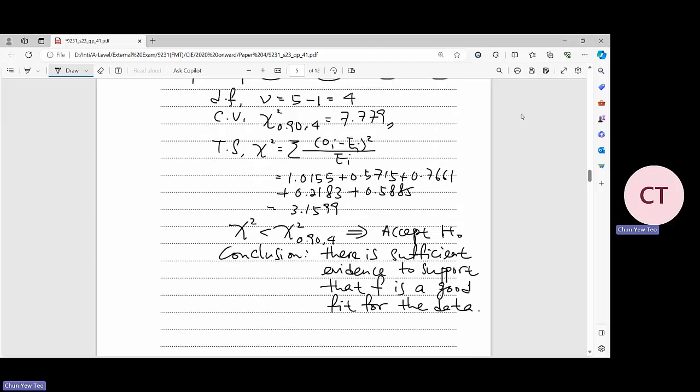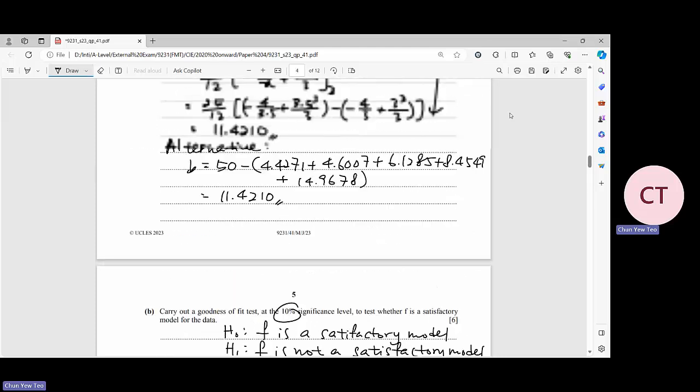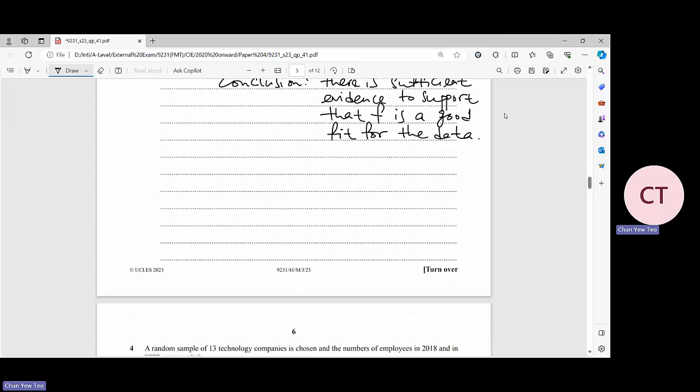Okay, done. So that will be the answer for question number 3B. Just like that, done.